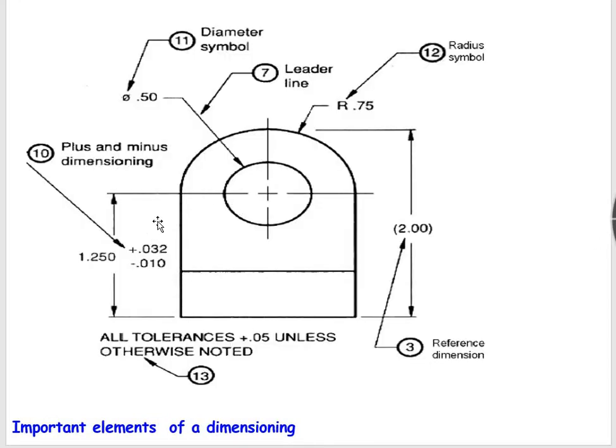See, if it is a length, if it's a straight line, then we draw in this manner. Okay, if it is a horizontal line, then also we draw in this manner. But if it is a radial line, the manner of drawing a radial line is this. For example, the diameter of the circle is 0.5. So diameter is always denoted by the symbol ϕ followed by the number.